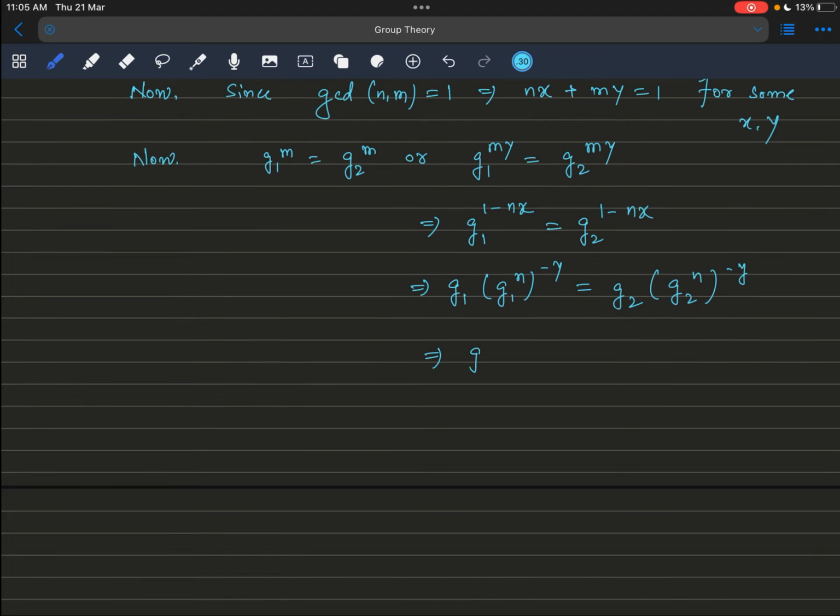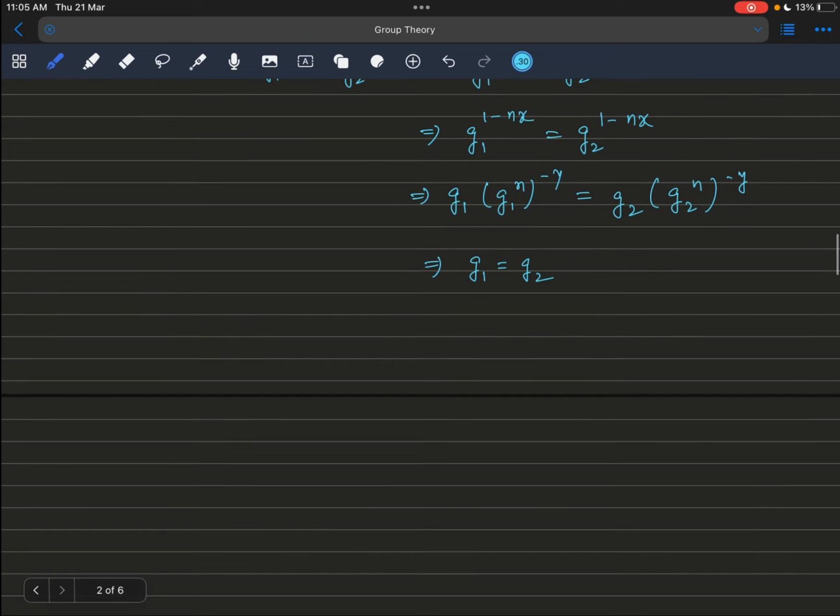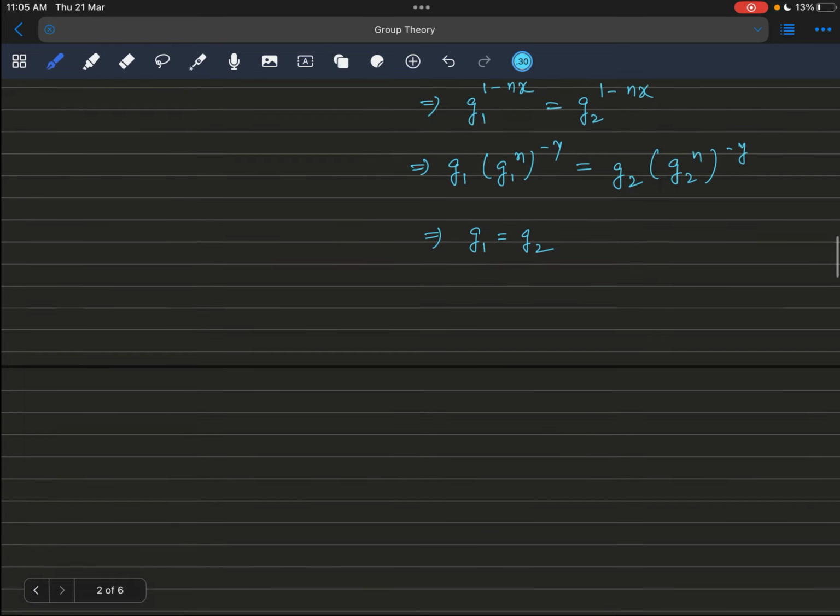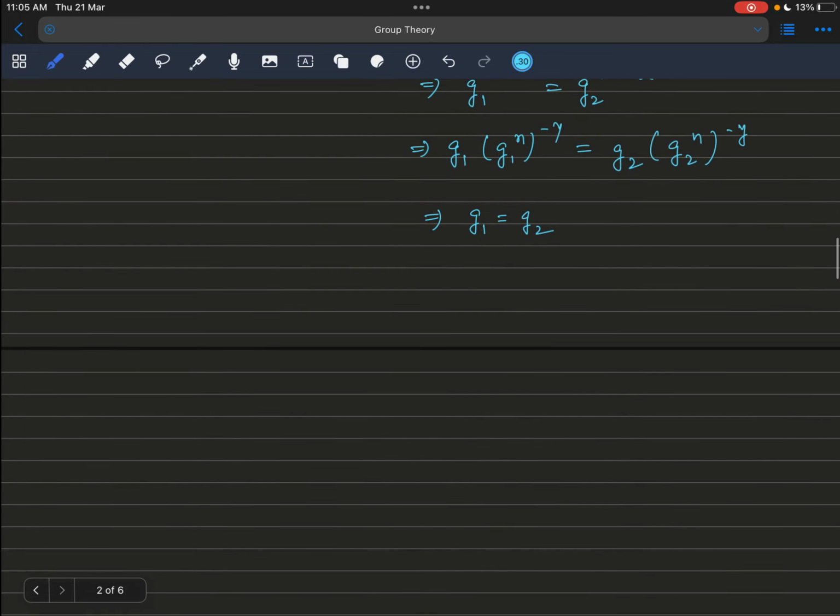So we get g1 equals g2. Hence f is one-to-one, and f is onto since the order of G is finite, and this is the proof.